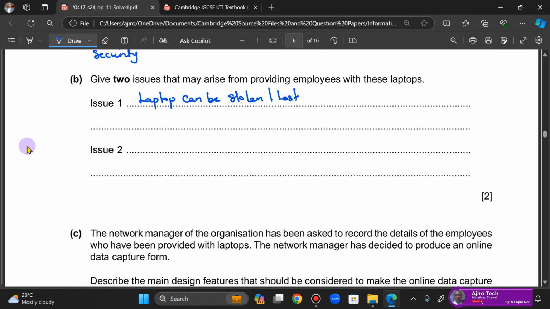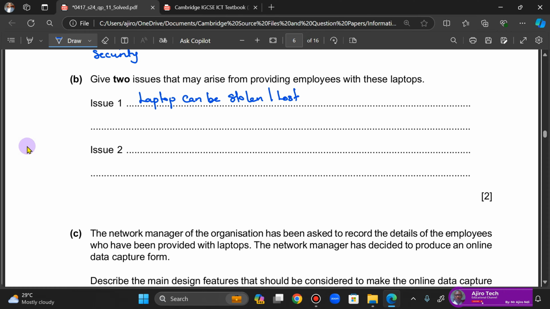Another one is, so the issues that may arise from providing employees with this laptop is the fact that data can also be used for other work.